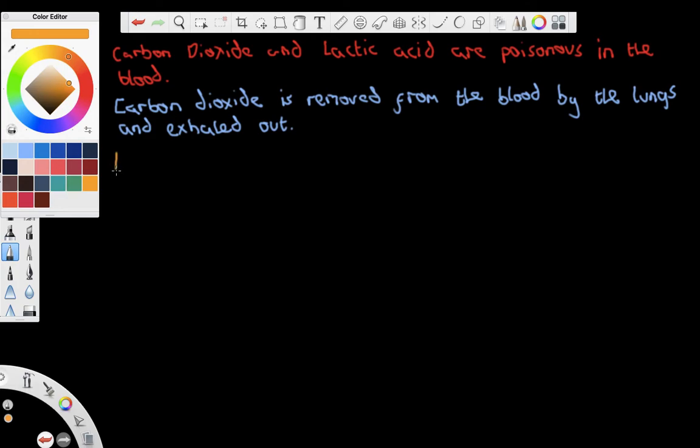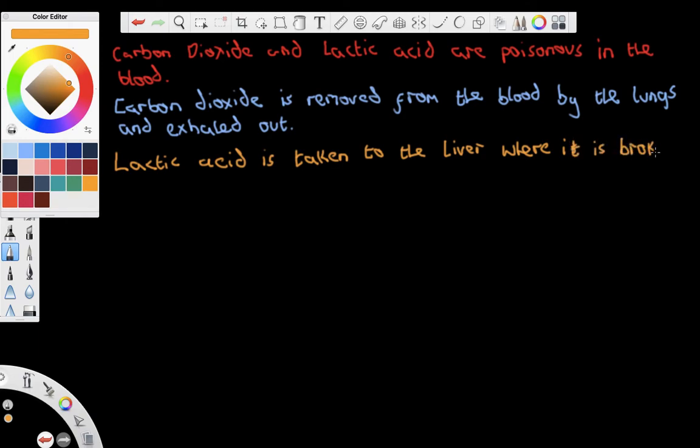So we can say that lactic acid is taken to the liver where it is broken down by being added to oxygen.